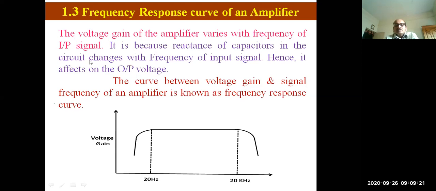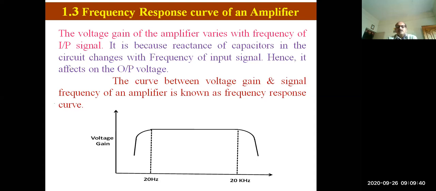That means we can present or explain it in your own language. We know that the voltage gain of the amplifier changes with the frequency of the input signal. And why does this voltage gain change with the frequency of the input signal? In an RC coupled amplifier or any amplifier, there are capacitances, and the reactance of the capacitor changes with the frequency of the input signal.